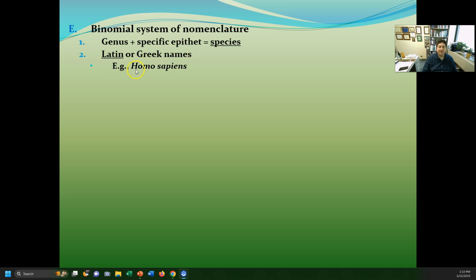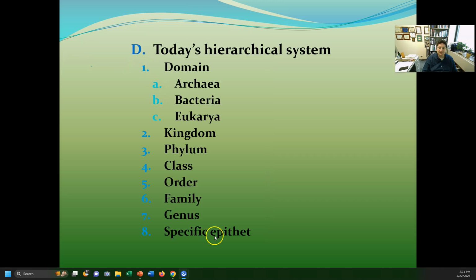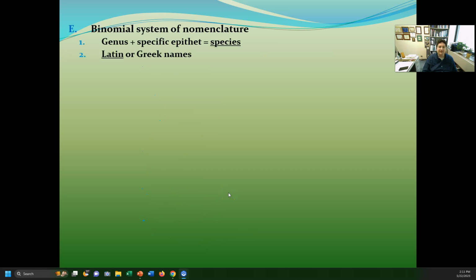So, for example, the scientific name for human beings is Homo sapiens. Homo is our genus. So again, if we go back here, our genus, okay? And then sapiens is our specific epithet. Together, Homo sapiens makes up the species.